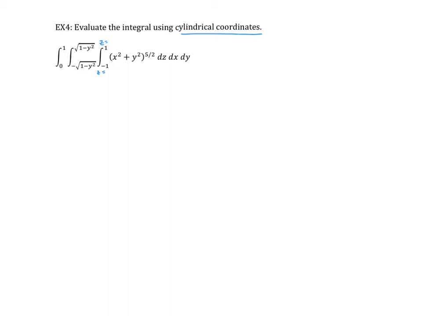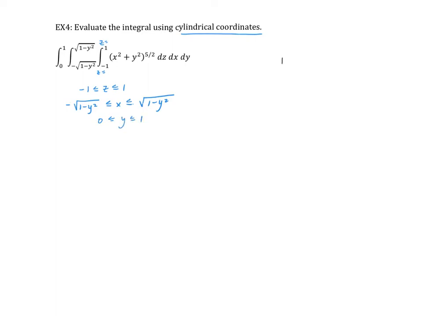So my z values go from -1 to +1. And my x values go from negative square root of 1 minus y squared to positive square root of 1 minus y squared. My y values, which would be the outer integral, are going from 0 to 1.